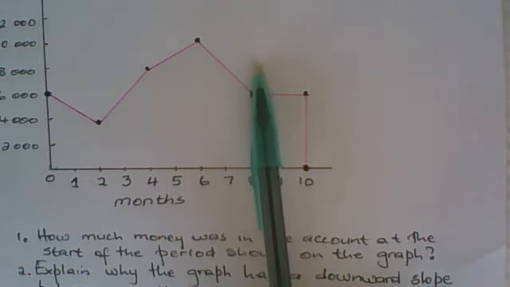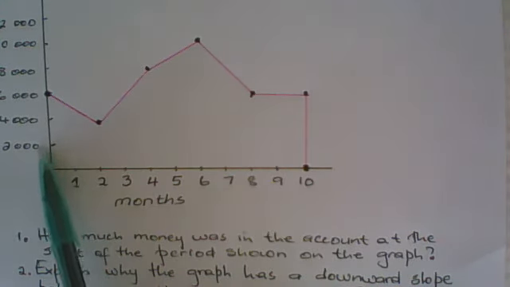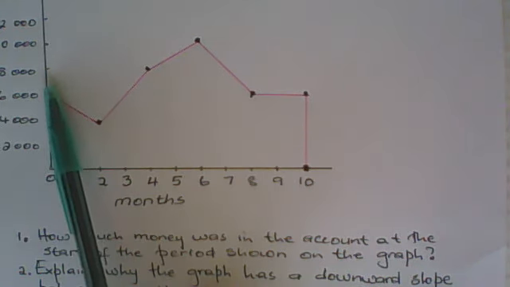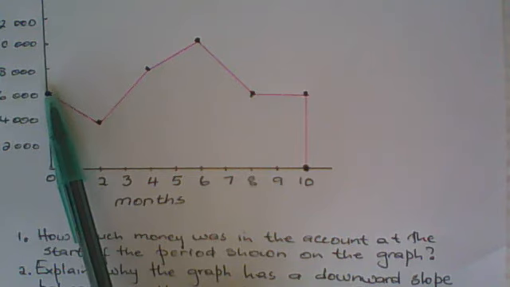Do we start here? Nope. We normally start at no position, which is at 0. This is the start. You always start at 0. How much money was there? Look at that. That was 6,000.